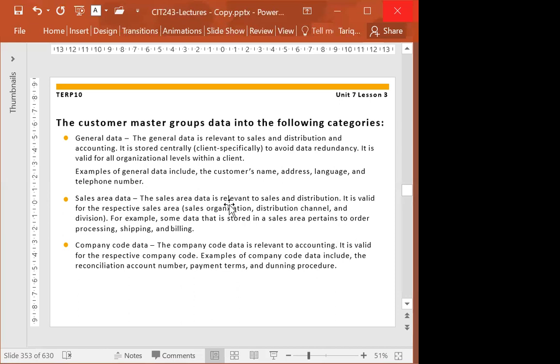He wants to deal with all of these sales organizations. Now, how many records will be created for that particular customer? How many areas will I be creating the data for that customer? Open your mic and have a discussion on that.